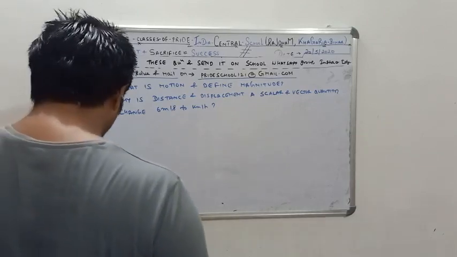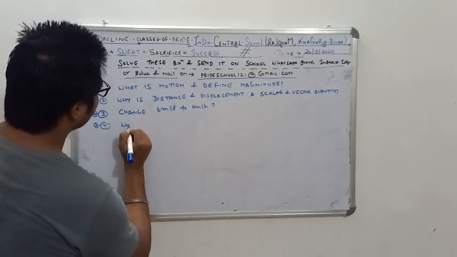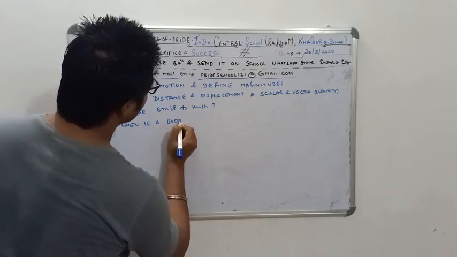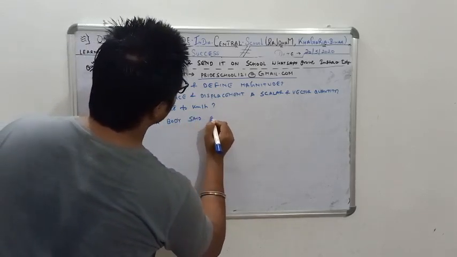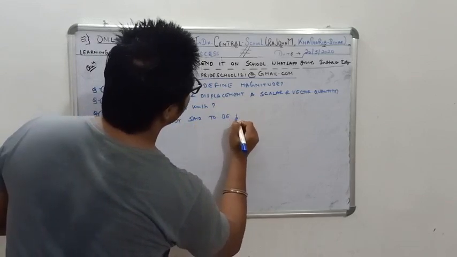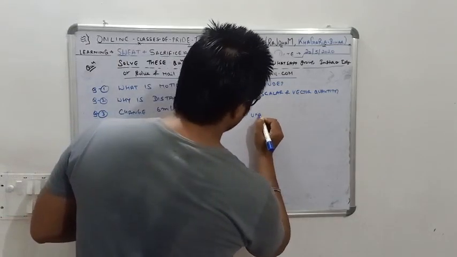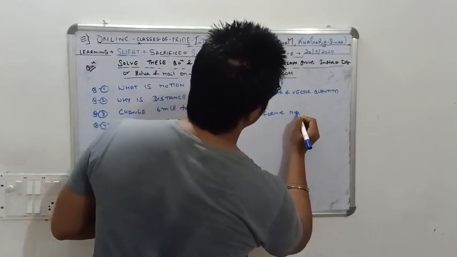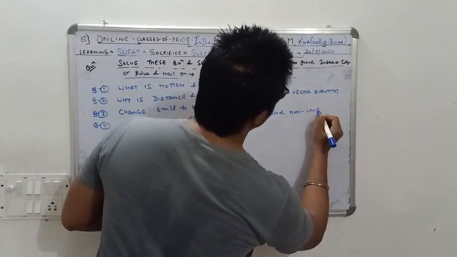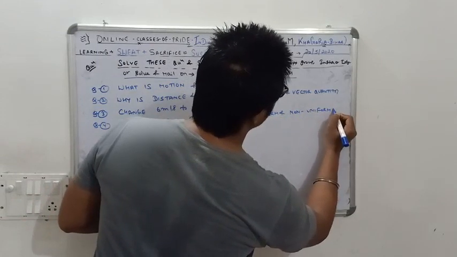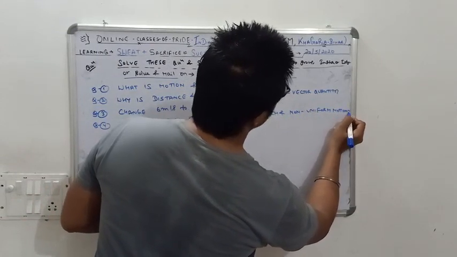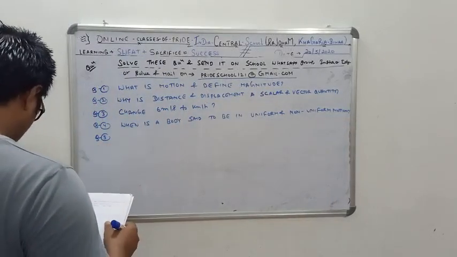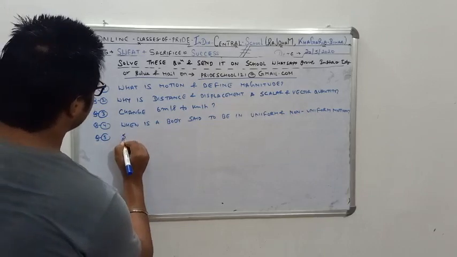When is a body said to be in uniform and non-uniform motion? Number 5. What is the SI unit of distance and displacement?